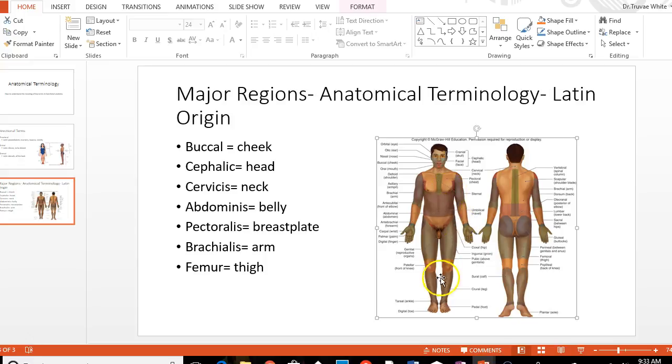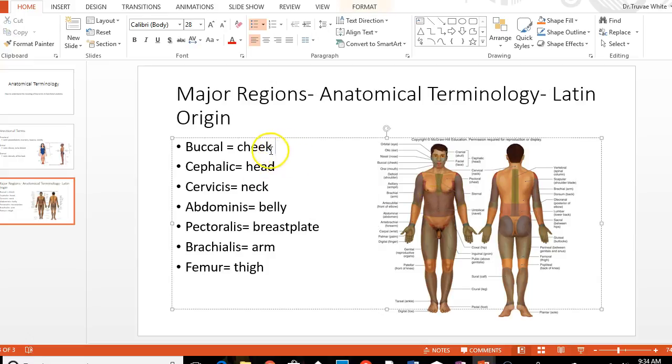So this is just a picture, surface anatomy of the human body. And I just picked out a few structures that would depict or explain what those words mean. They're also explained on the picture itself, so you can look through your lecture notes and your textbook, and you'll see all of this.